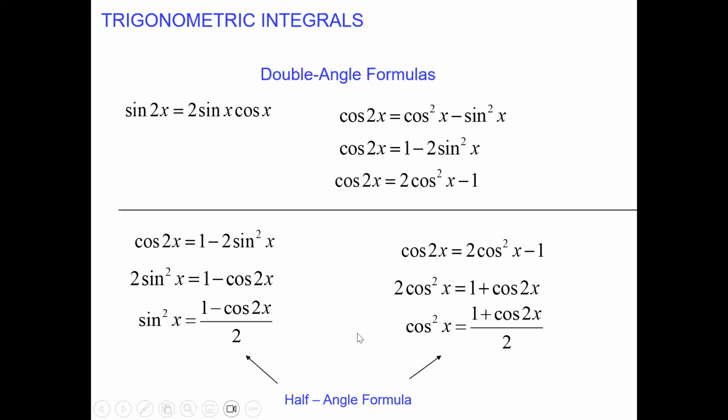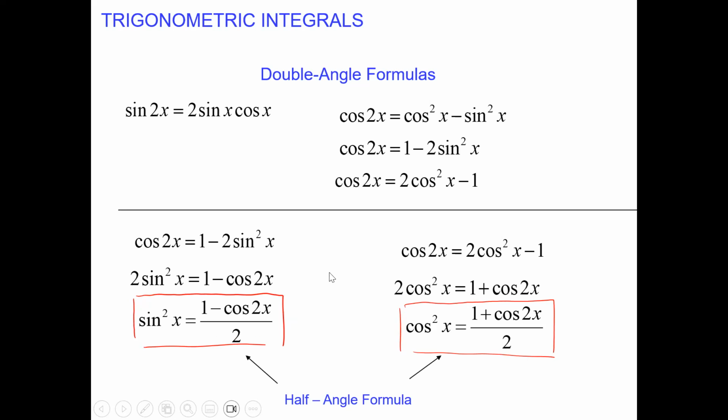These formulas are called half angle formulas, but we can see they are based on the double angle for cosine. That's also an important formula for integration, because having a square, it will be challenging to integrate sine square of x. In order to integrate sine square of x dx, we will always use the half angle formula.